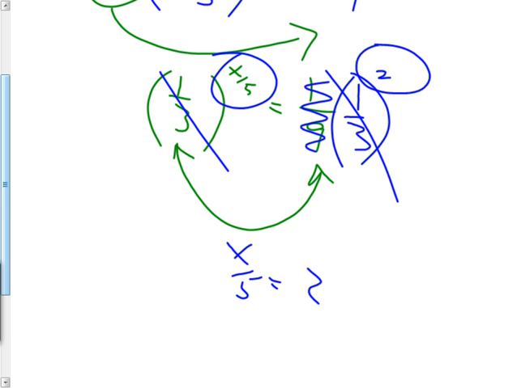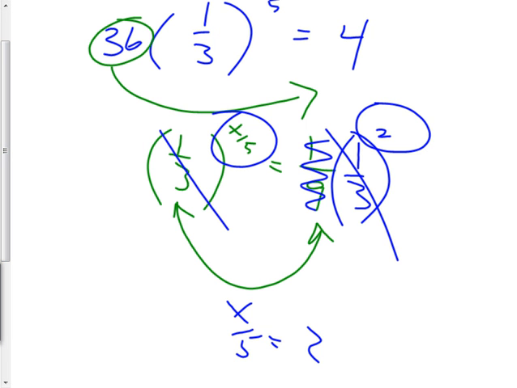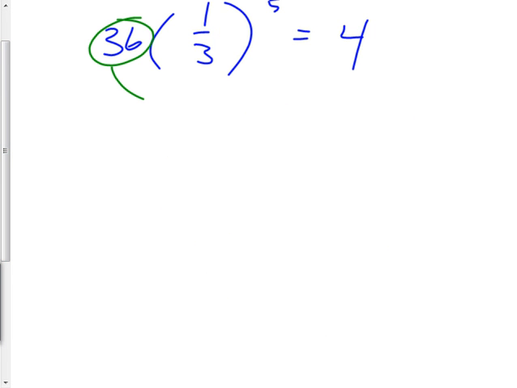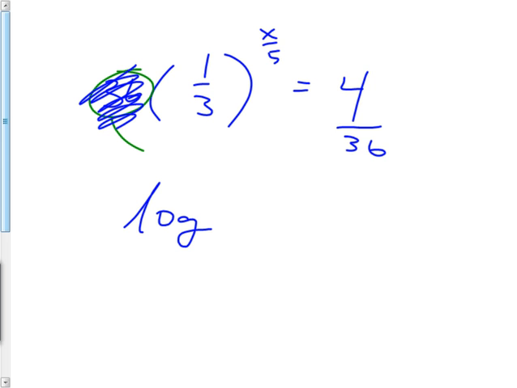Now could you have done that a more loggy way? Yes. Let me show you how I do this exact same problem with a log. First I'm going to get this over here. I do need to do that first. Now I can make it a log. Log base 1/3 of 4/36 is equal to x over 5.